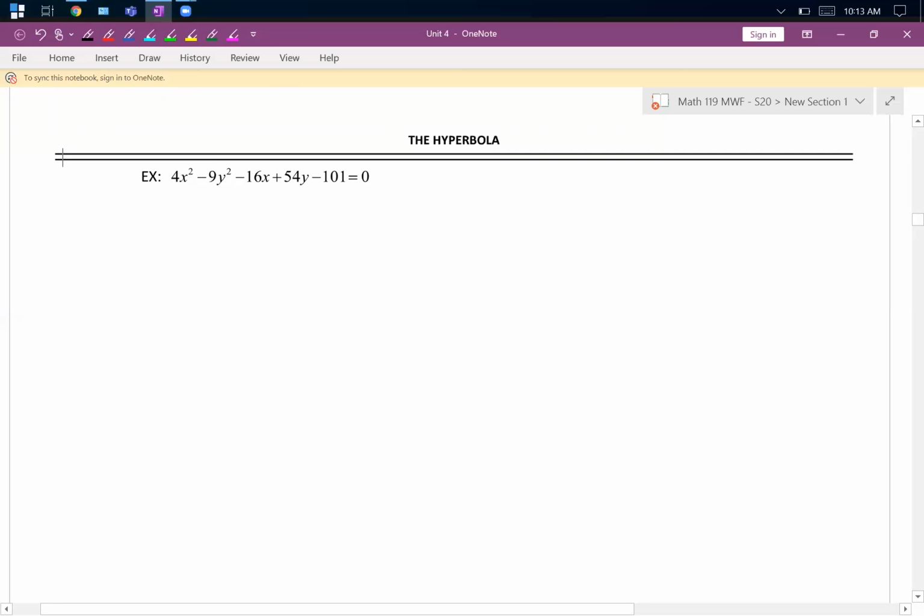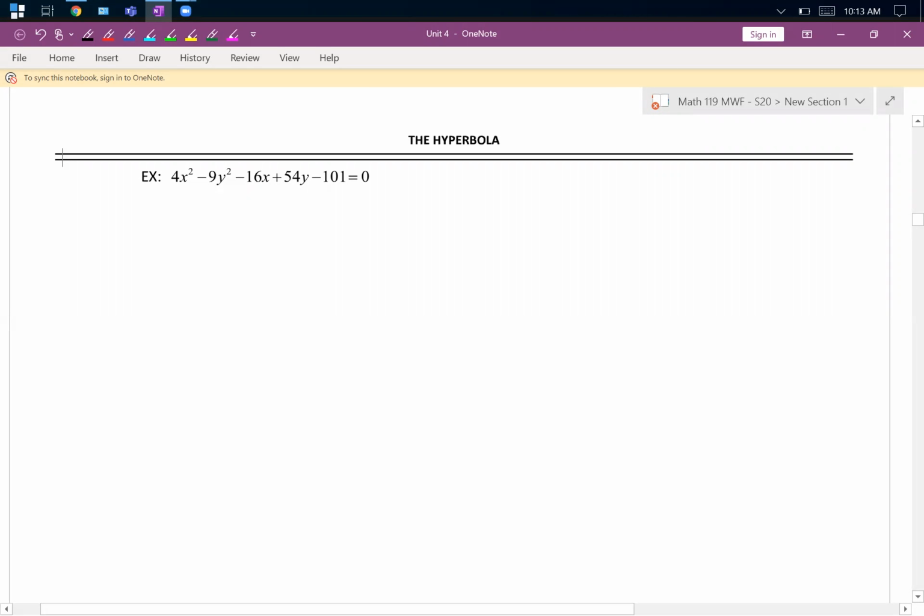And the way that I can just look at this and know that it's a hyperbola is I see that both x and y are squared, and they have opposite signs: the x squared has a positive coefficient and the y squared has a negative coefficient. So if one's positive and one's negative, dead giveaway that it's a hyperbola. If x and y are both squared, but they're both positive or both negative, then it's an ellipse.